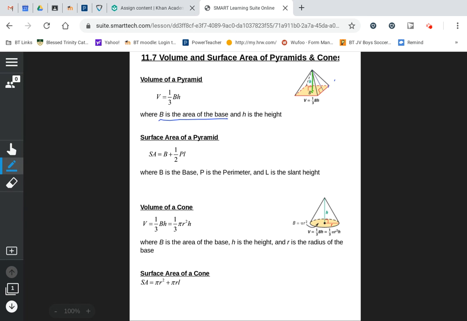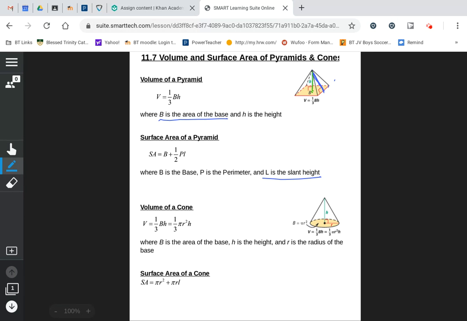It's like if you drop a string, it'll go straight down to the middle. What you see over here on the other side, this one going from the apex down the side of the pyramid and perpendicular to the side at its midpoint, that is what we call the slant height. That is my L, and that comes into play especially when we are looking for surface area.